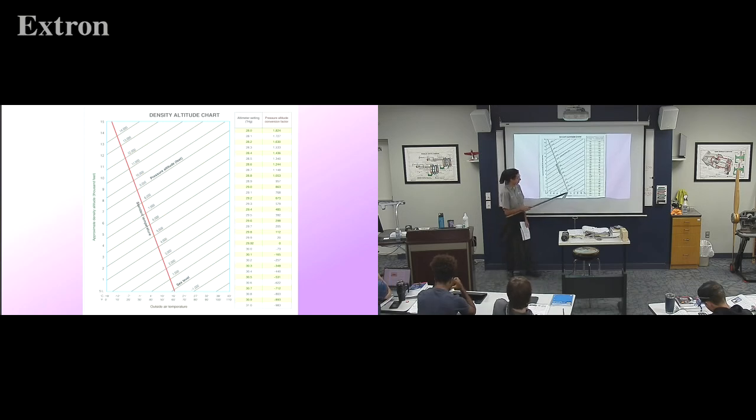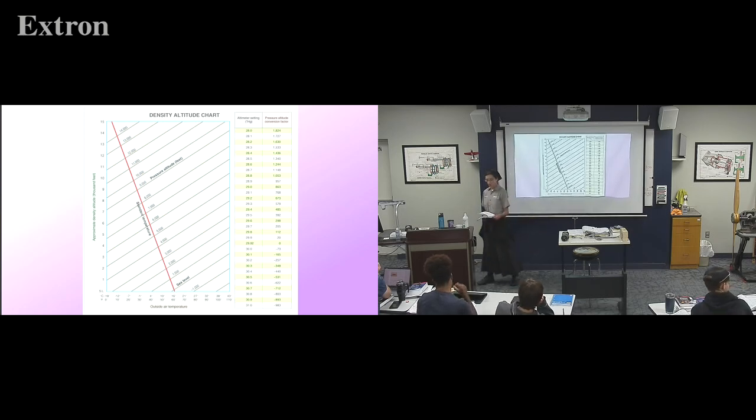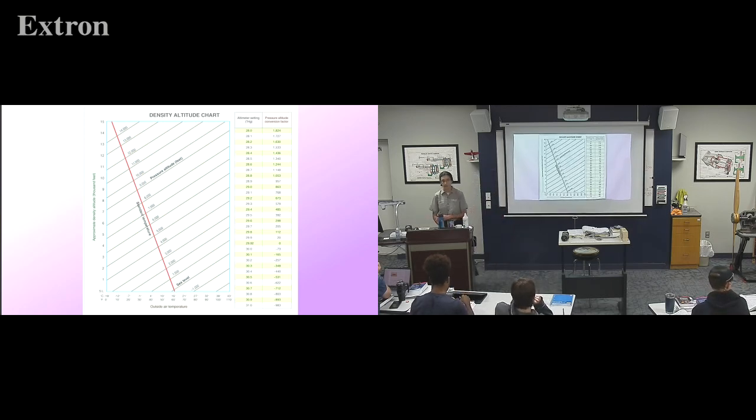But if we go up to 100 degrees, but we still have a pressure altitude of 4,000, our density altitude is way up here, almost at 7,000 feet. So that's how much of a difference temperature can make. Okay, before I talk about water, take a break and come back at 35.